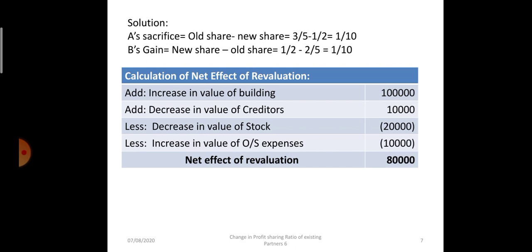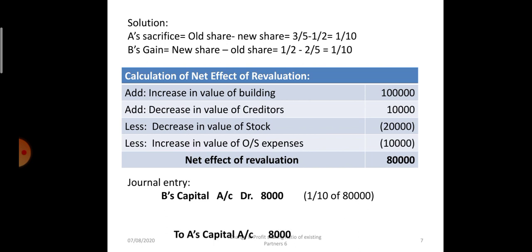So the net effect of revaluation is 80,000 rupees. There is a gain. Now the proportionate amount we will calculate. 1/10 of 80,000 is 8,000. Here B is gaining, A is sacrificing, and there is gain on revaluation. So B's capital will be debited.